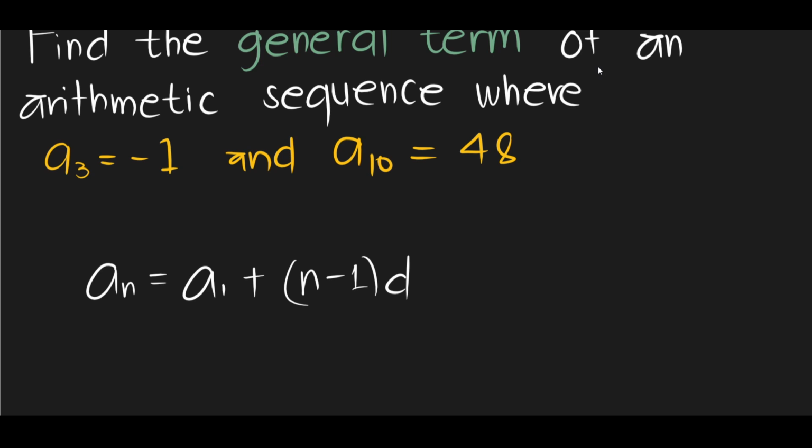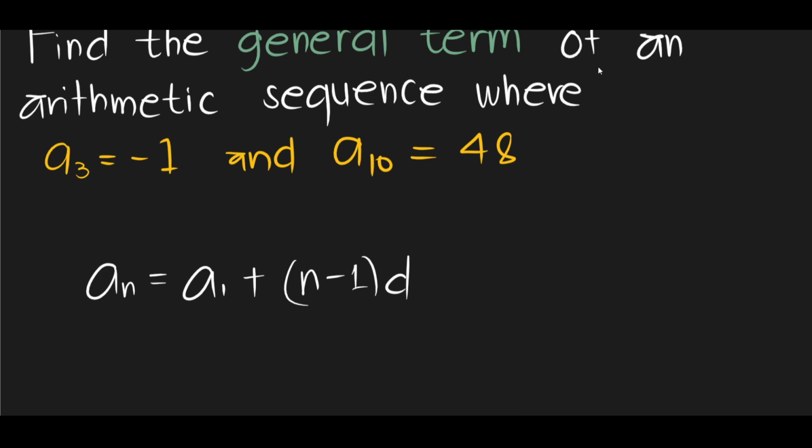Now if we take a look at our given, we do not have a1, and we also do not have d, right? We only have the values of an, and the n here that we have are the indices 10 and 3.